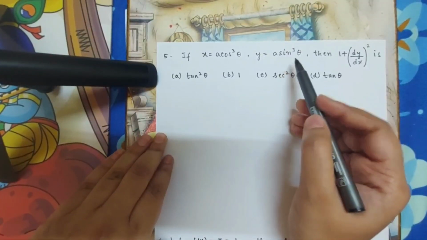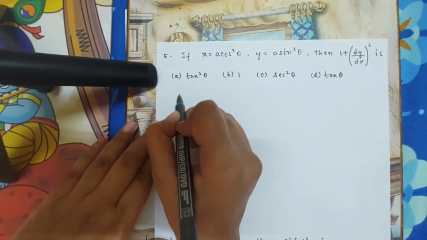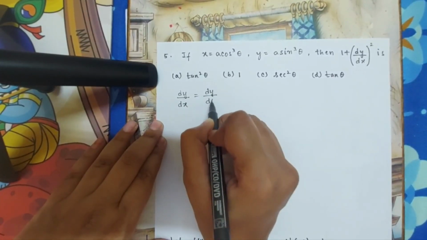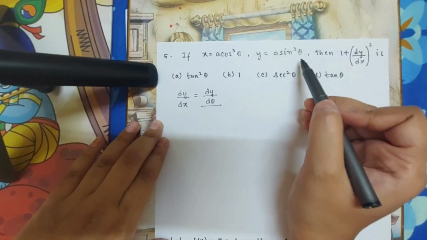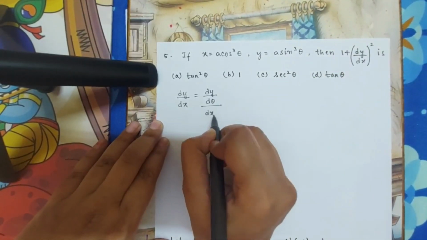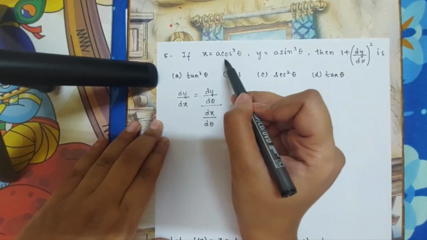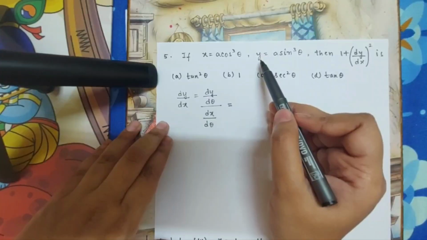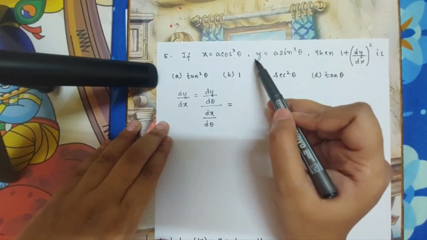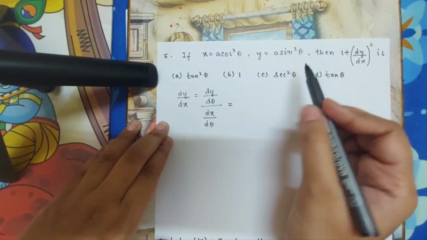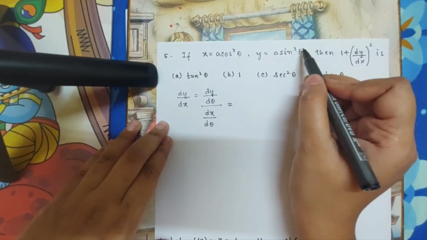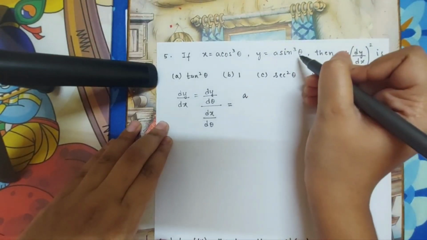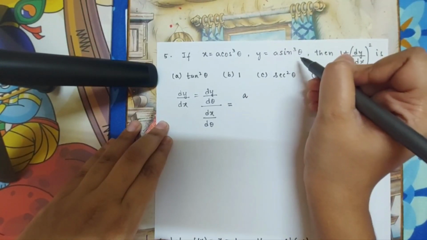Now if the functions are in this way, we can write dy by dx as dy by d theta, that is, we'll be differentiating y with respect to theta, and dx by d theta, that is, we'll be differentiating x with respect to theta. If I want to find the value of dy by d theta, I'll be differentiating y with respect to theta. Now this is of the form a into x cube. So even here we will be applying the chain rule. So this becomes a into, x to the power n is n into x to the power n minus 1.